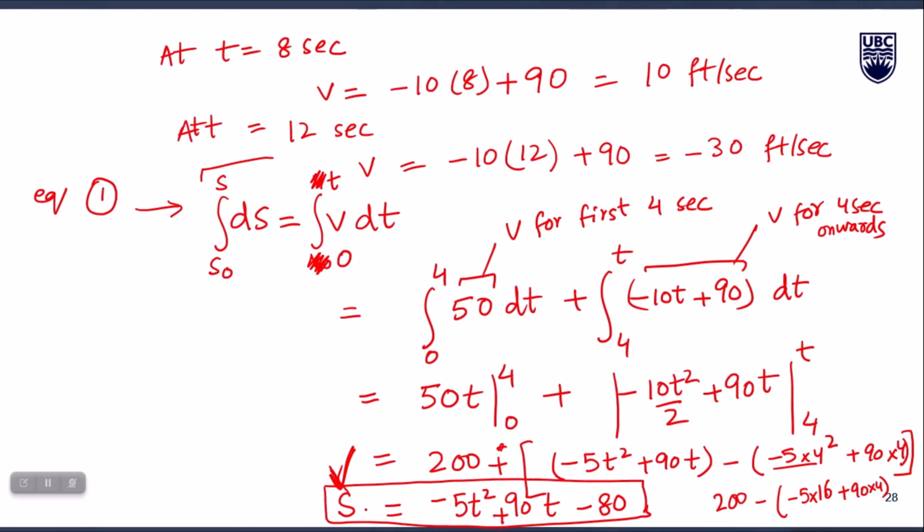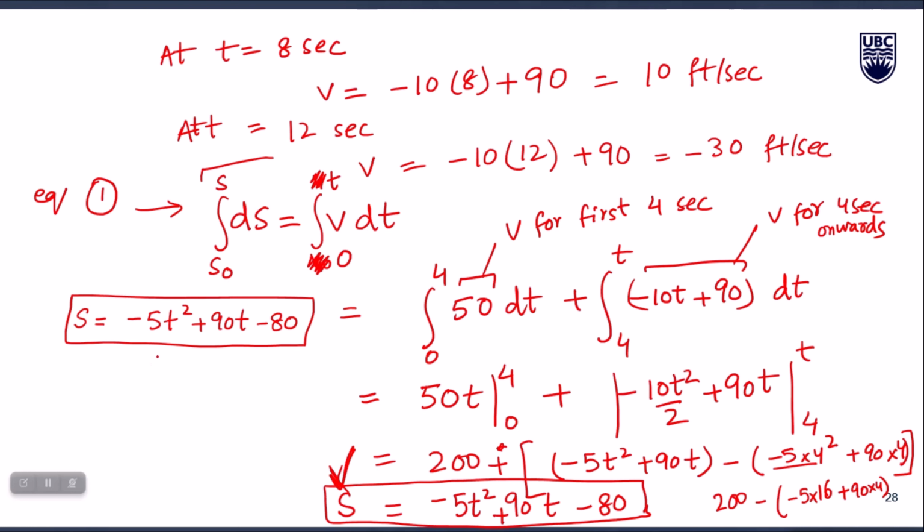But if you look at that equation, it tells us that maybe there is some initial displacement. Let me write s here: s equals minus 5t square plus 90t minus 80, right? If you put t equal to 0, you will still get a non-zero s.